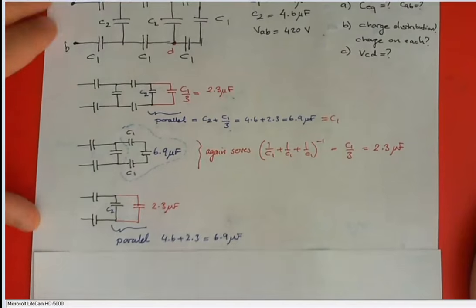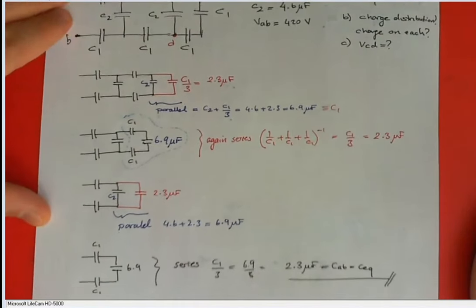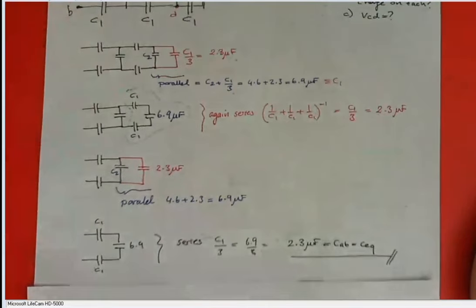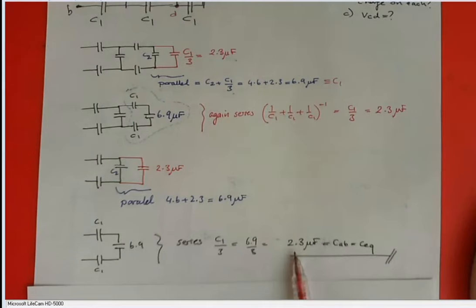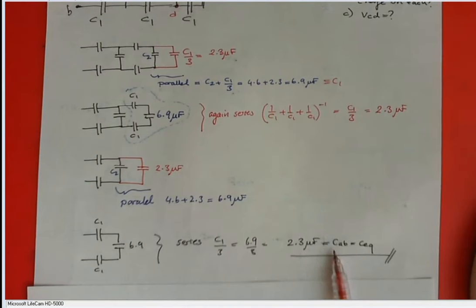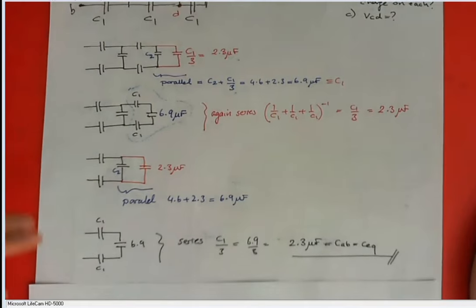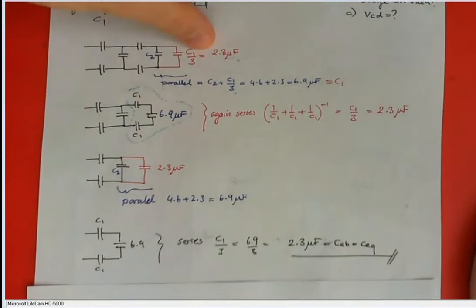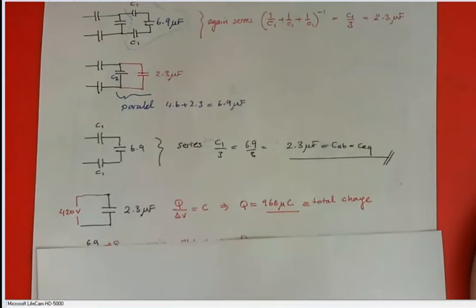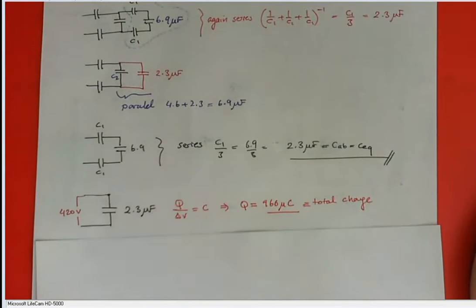And finally, at the end, what we have is C1, 6.9, C1, and that is equal to 6.9 divided by 3, 2.3 microfarad, which is the equivalent capacitance between points A and B. Okay, so the first part is done.